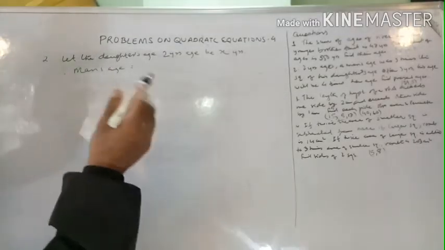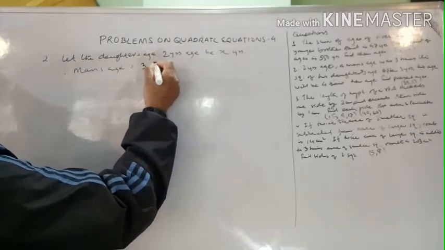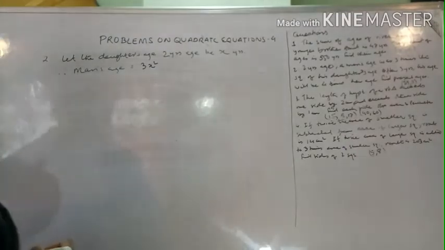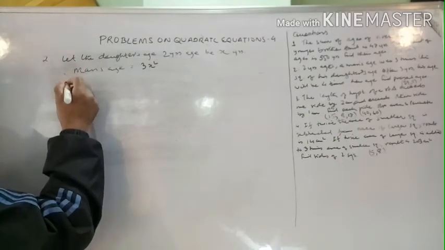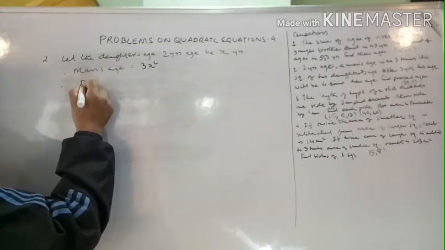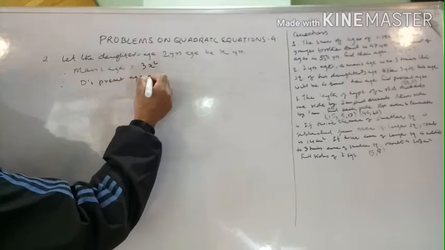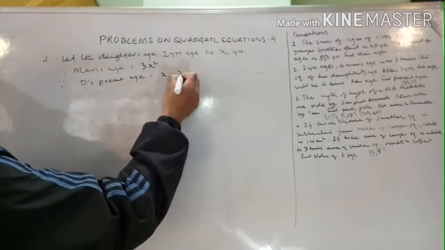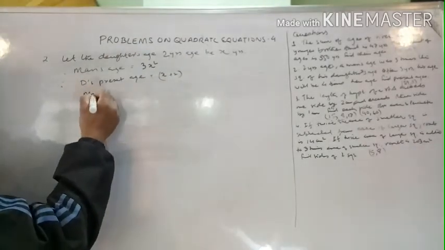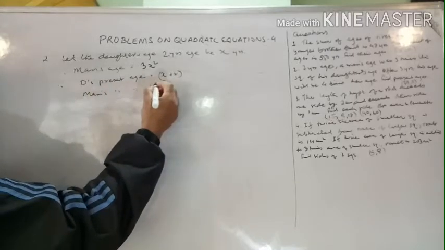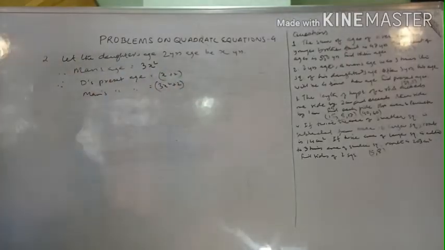The question says 2 years ago the man's age was 3 times the square of the daughter's age, so the man's age was 3x square. Therefore, the daughter's present age is x plus 2, because this was 2 years ago and now it will be 2 years more. And the man's present age will be 3x square plus 2, because now he will also be 2 years older.